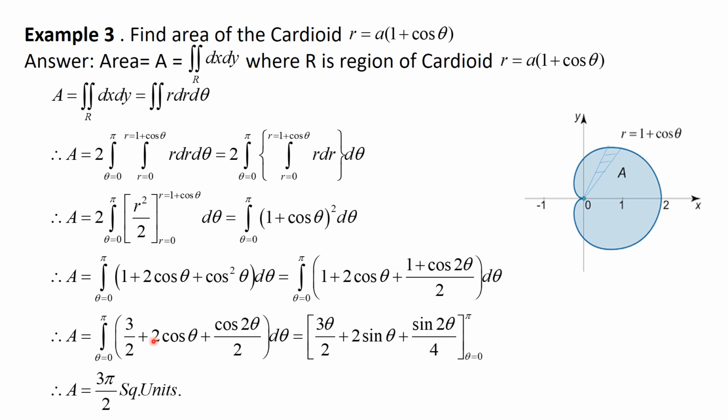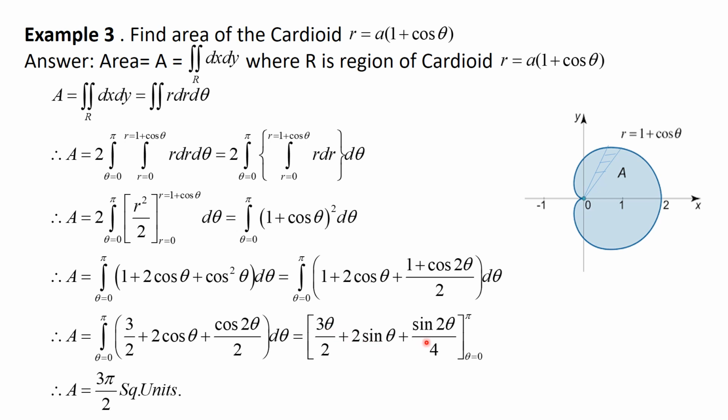Simplifying the common terms and integrate with respect to theta gives the result as 3 theta by 2 plus 2. Integral of cos theta is sin theta. Integral of cos 2 theta is sin 2 theta by 2. So it comes out as sin 2 theta by 4. The limit is from theta equal to 0 to pi. Substitute the upper limit. So theta is equal to pi.